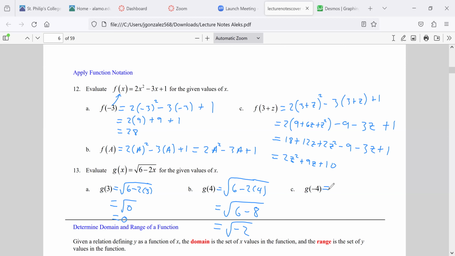You see it's square root of 14. This one? Square root of 14. I see.